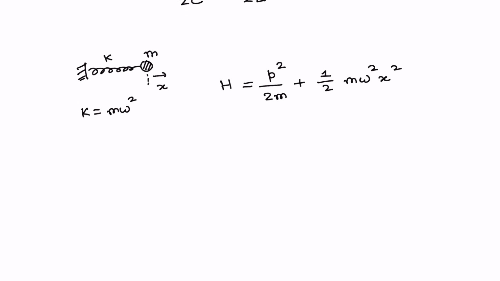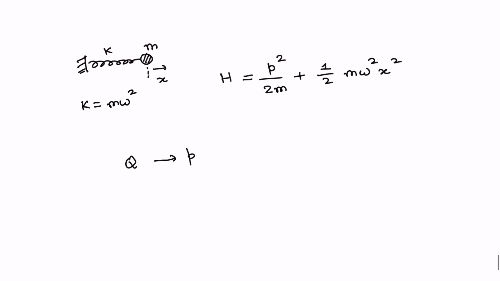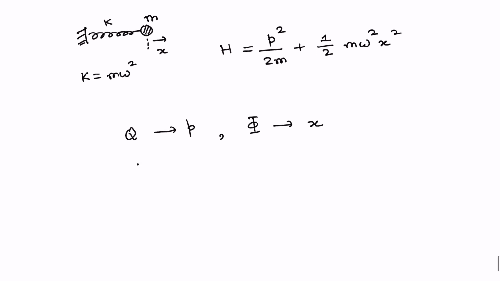Now if you make the analogy such that the charge Q is analogous to the momentum p, the magnetic flux is analogous to the coordinate x, then this capacitance C is analogous to mass m, and 1 by L is analogous to m omega square. Please do it yourself also and see this a little bit carefully.